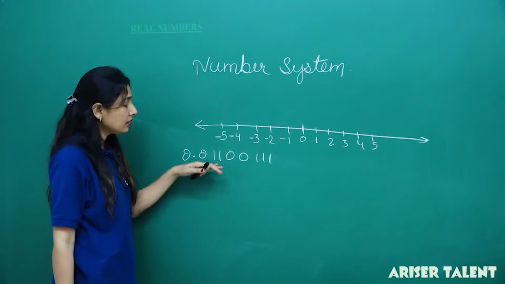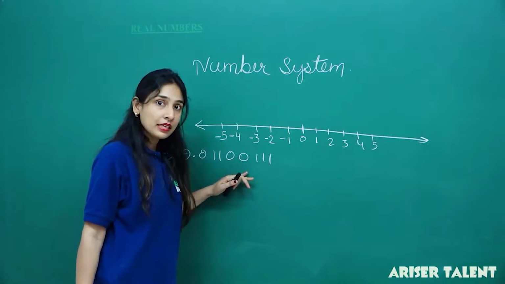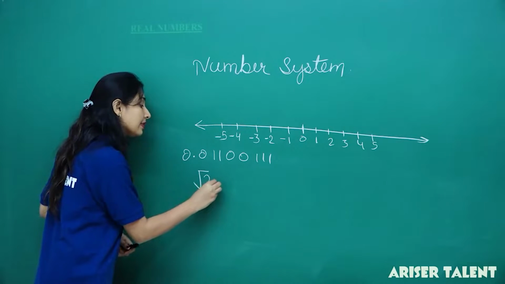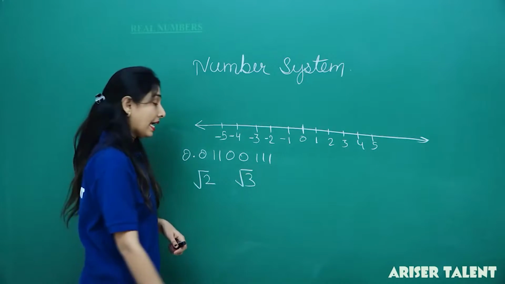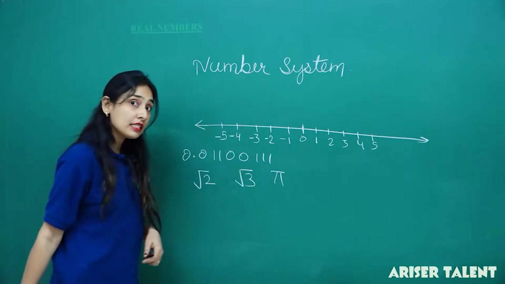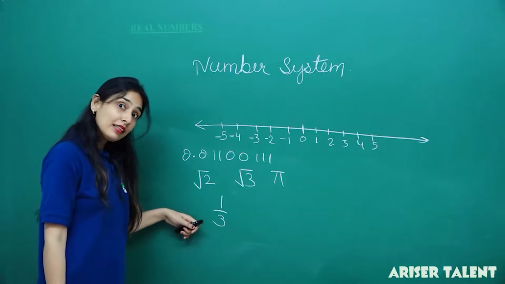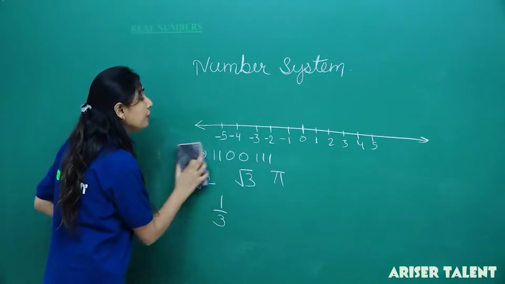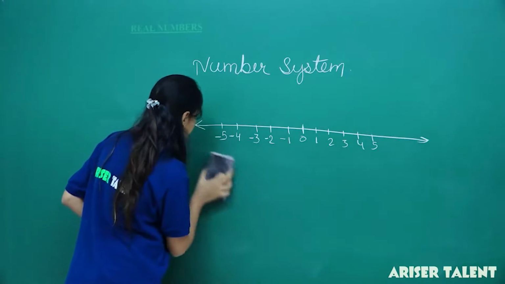This is a number. But have we studied these numbers in previous sets? No. Is this a number? Yes. Is this a number? Yes. Is this a number? Again, yes. And is this a number? Again, yes. So, we are going to study these numbers further.